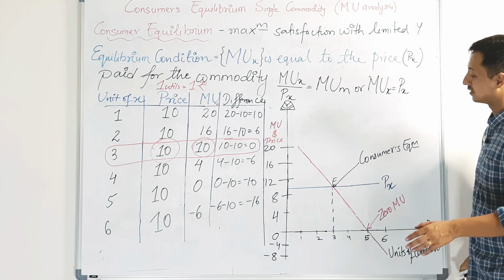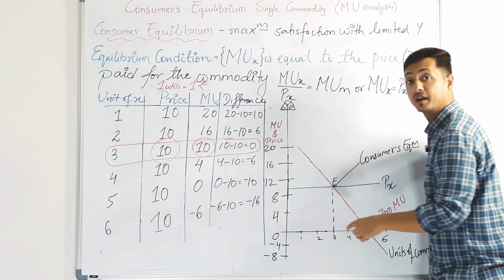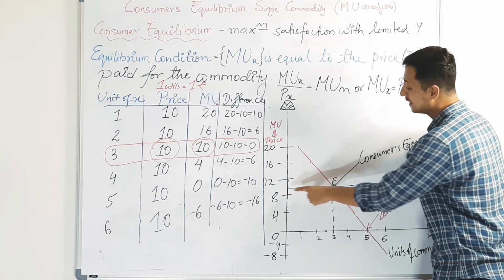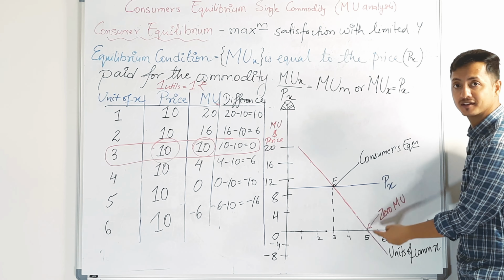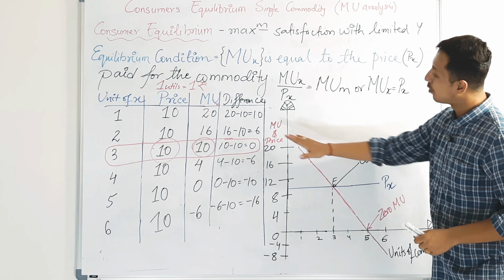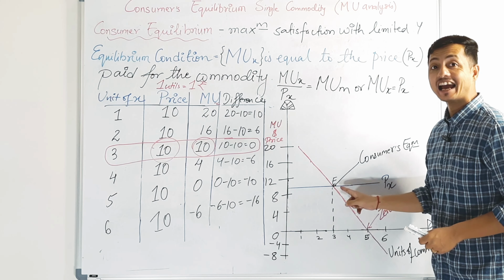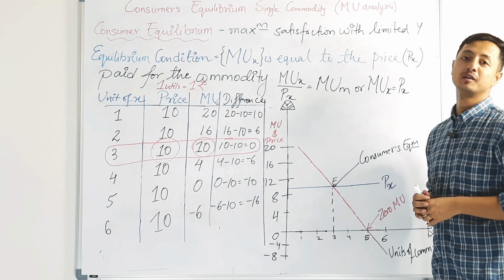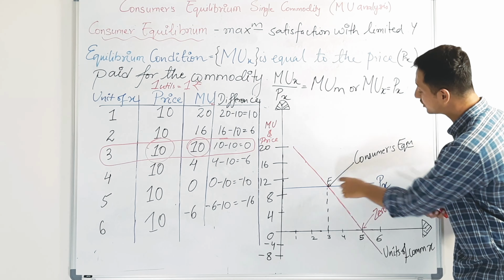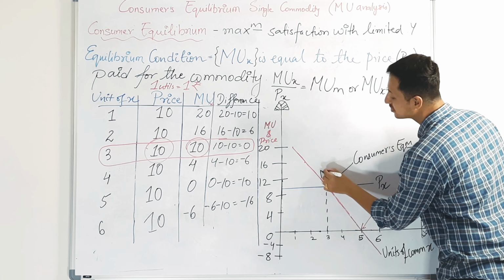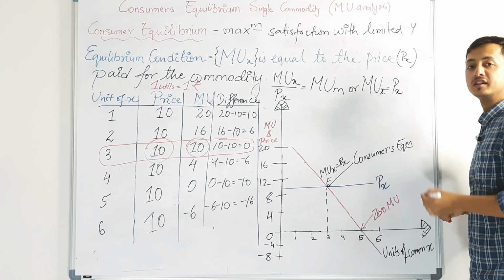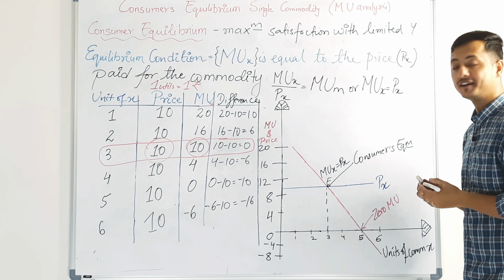The price being constant, the line is parallel to the x-axis. The point of equilibrium is E. At E we achieve equilibrium because at this point the marginal utility of X is equal to the price of X. The condition is fulfilled.